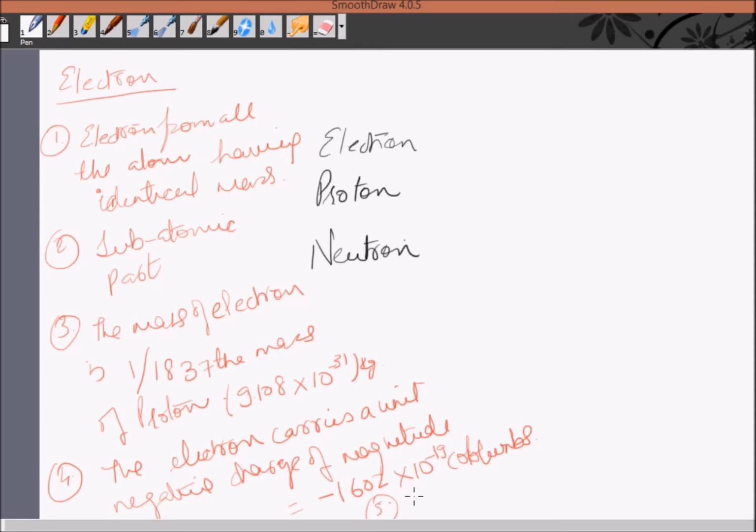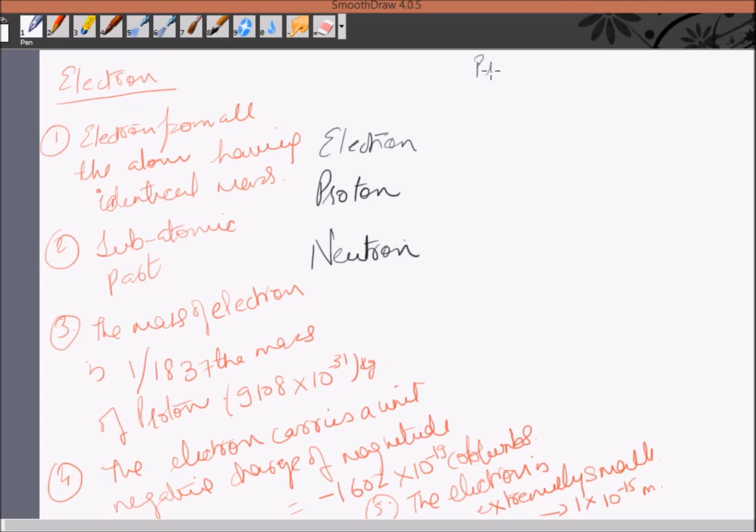Fifth, it is also said that it is extremely small as compared to the proton, where the radius is 1 into 10 to the power minus 15 m, right?